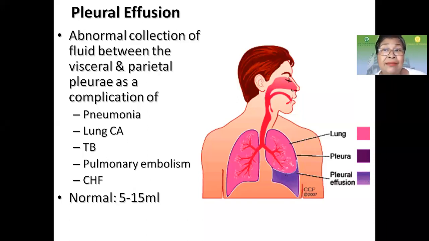Kung ang pasyente ay nakatayo, nakaupo, by gravity, saan pupunta yung fluid? It will go to the base of the lungs. Ayan ang pleural effusion. Normally 5 to 15 ml in order to prevent friction between parietal and visceral pleura during respiration.